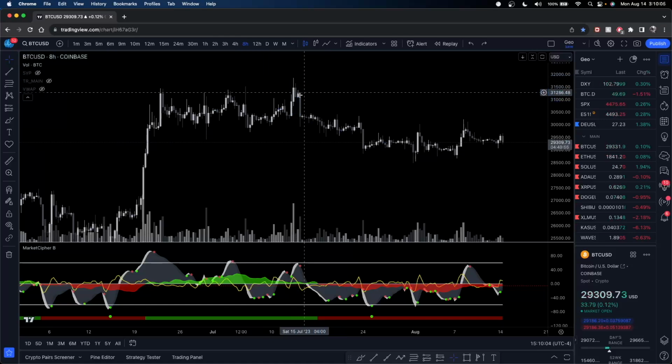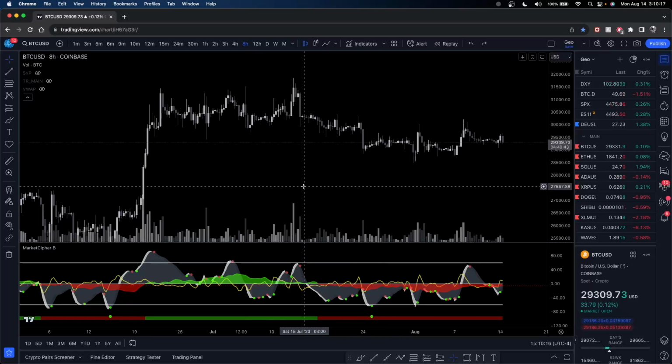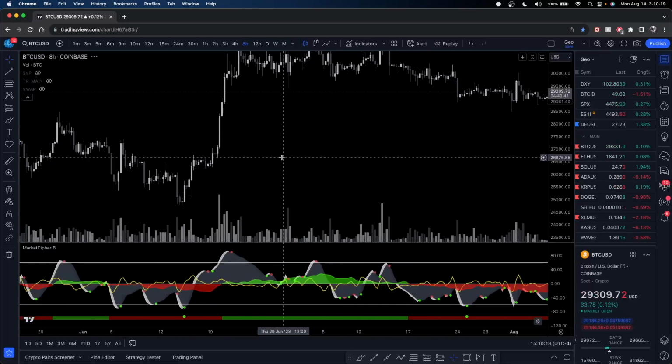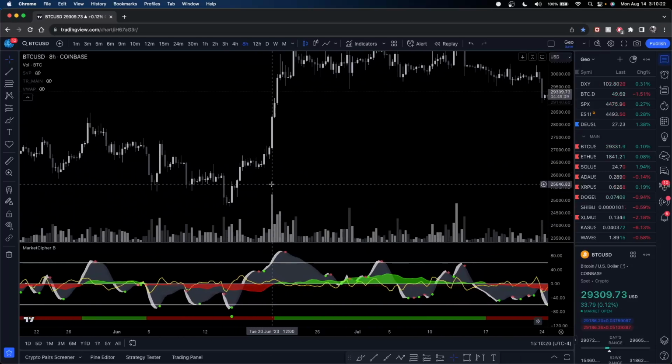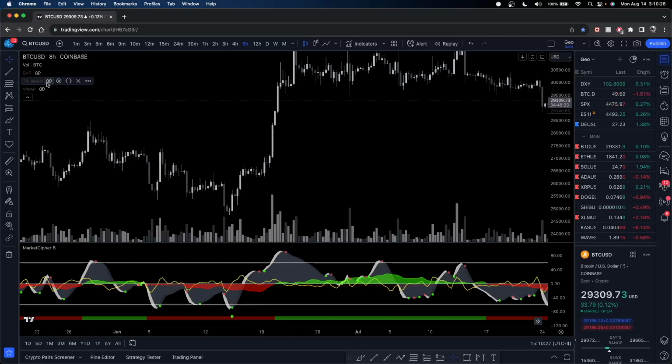We want to see a breakout happening that is backed up with volume. Now, in this case, we obviously had Market Cipher B giving us our bearish divergences, and we want to follow the money flow on Market Cipher B. But in terms of an actual, legitimate breakout, we want to see high volume. We want to see it backed up. And you can see here, this was the candle that really broke us out, right?